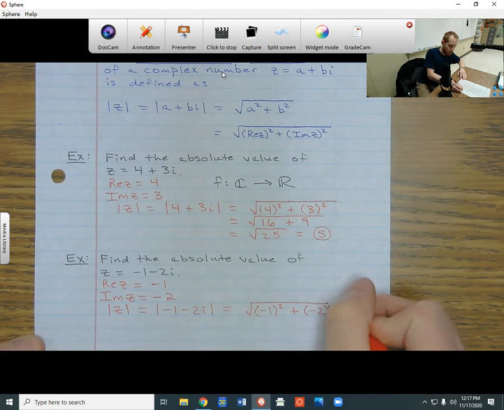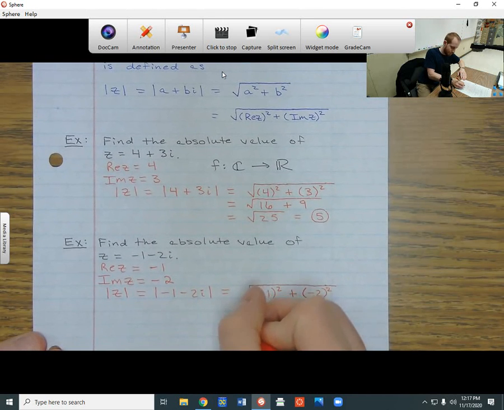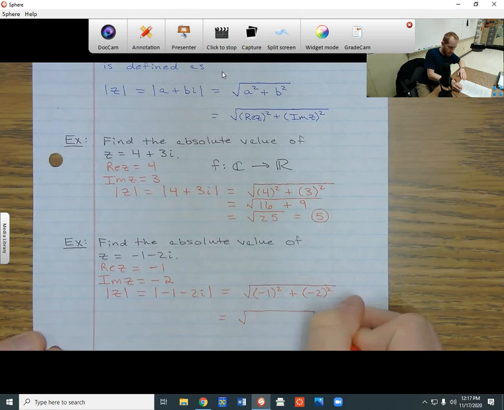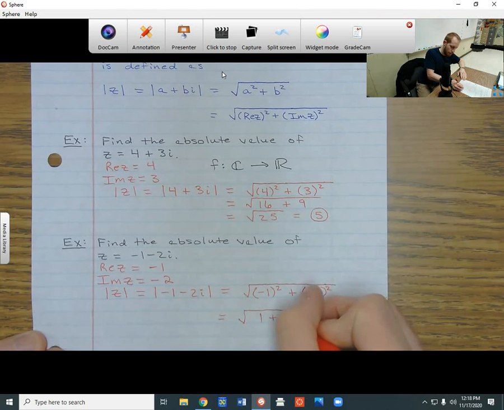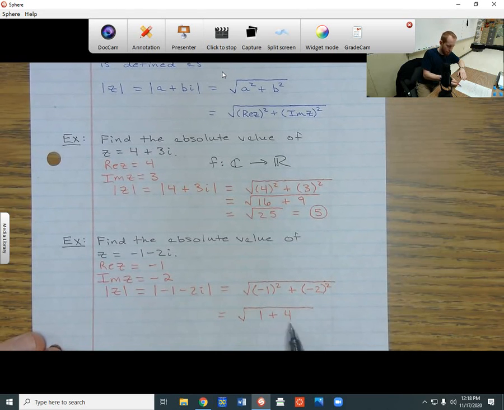Okay, so if I square -1, that's the same thing as doing -1 times -1. And we know that's going to be a +1. So I start off with a +1. I bring down my plus sign. And now I square -2 to get +4. So I put the +4 right here. So now I add up what's under the square root symbol. 1 plus 4 is going to give me 5. So my answer at the end of this is going to be the square root of 5.